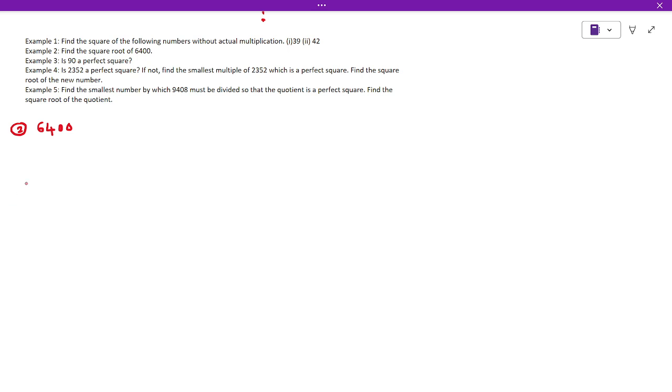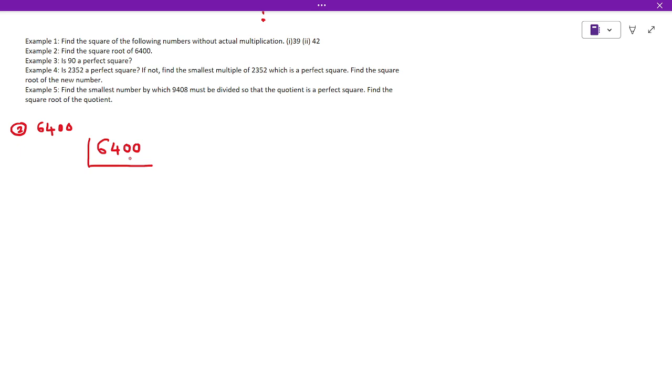As I said, we are going to use the prime factorization method. In the prime factorization method, we write the given number, which is 6400. Then we start writing this number, in the same way of representing the number as when you are finding the LCM.